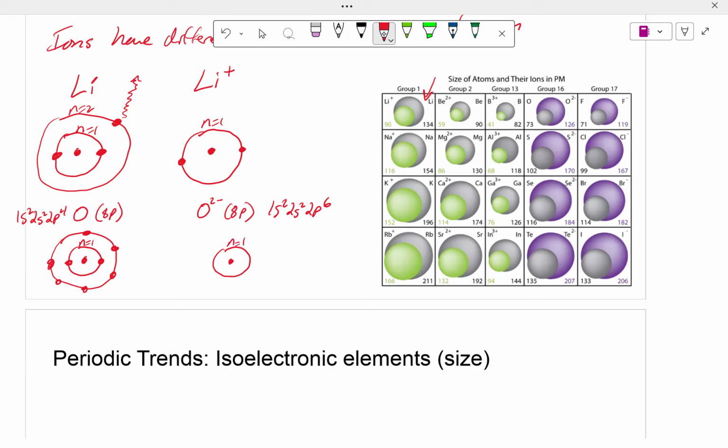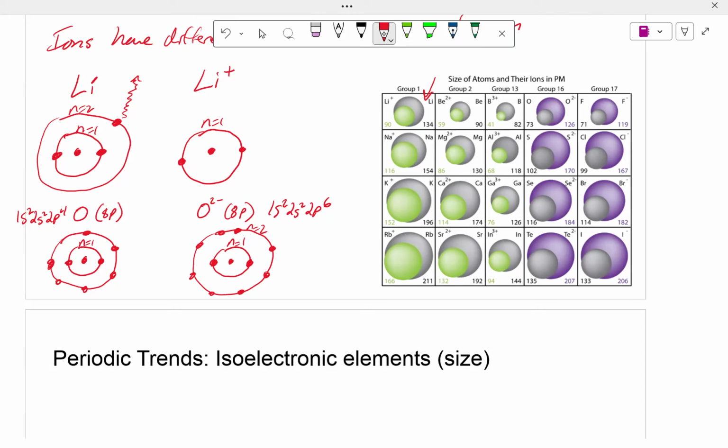If we draw the Bohr model for oxygen -2, it now has 8 valence electrons in n equals 2: 3, 4, 5, 6, 7, 8. Now, when something gains electrons, the trend is the size is going to increase.